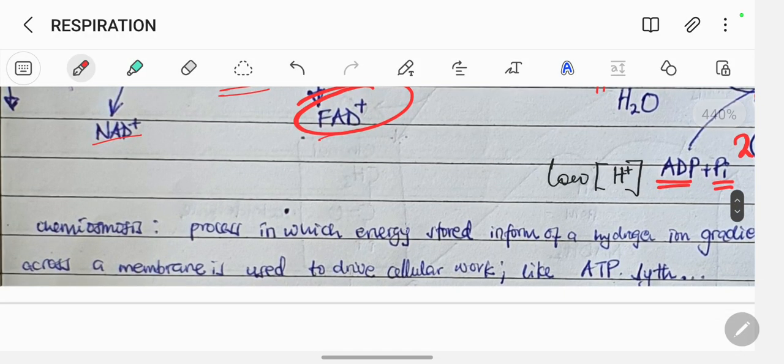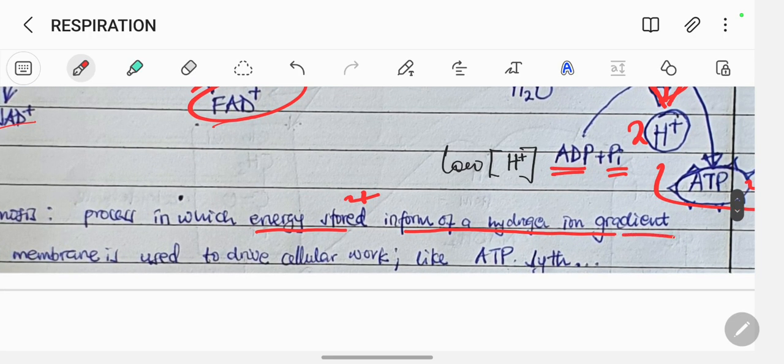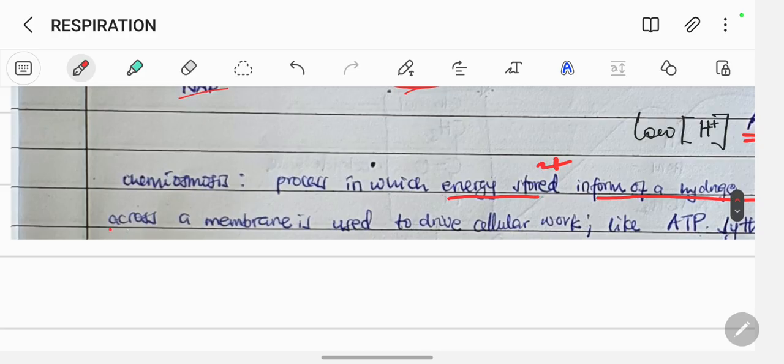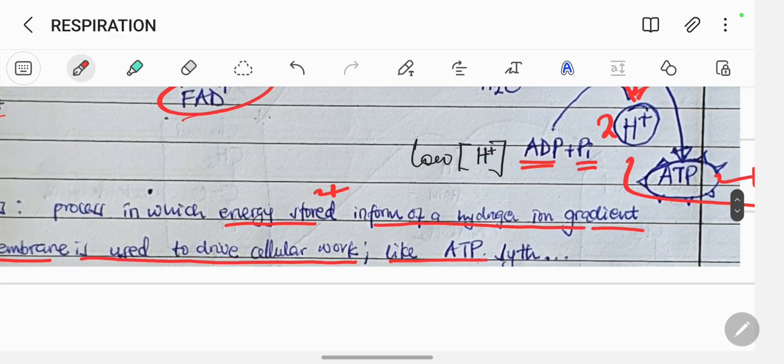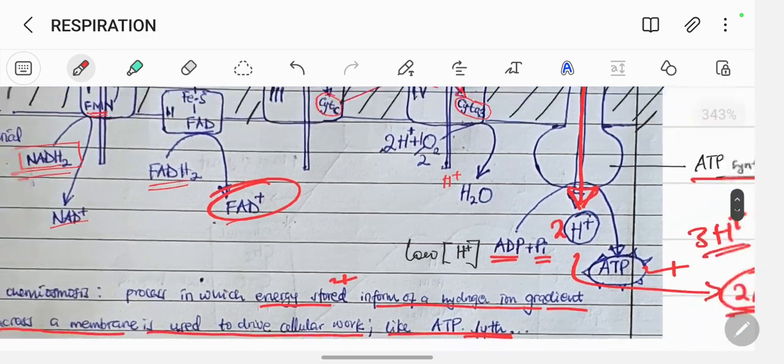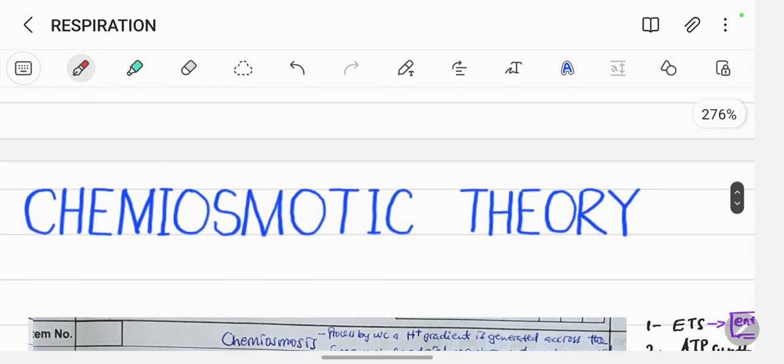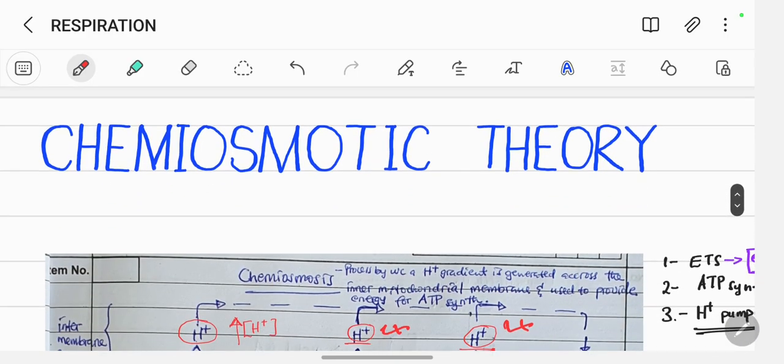Chemiosmosis is a process in which energy stored in form of hydrogen ion gradient across a membrane is used to drive cellular work, like ATP synthesis. So that is it, chemiosmotic theory.